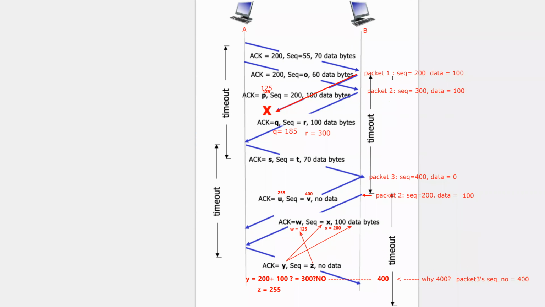Because we already got packet 1, packet 2, and packet 3, and now we are looking for maybe packet 4. We don't know if we have packet 4, so we need to specify the sequence number now. So packet 3 is simply an ACK, no data.